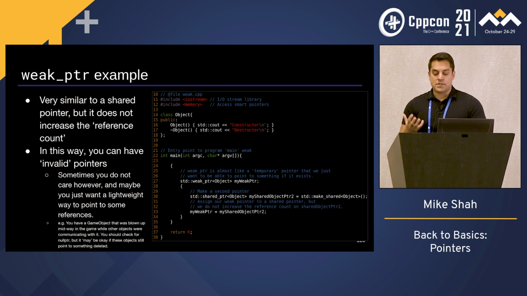A use case, since I come from the games and graphics world, is maybe you have a game and some object gets destroyed in the middle of the game, but you don't care if other players are still looking at that object. You want to be able to handle that and just check if it's null or in use or not, and that could be okay. Okay, so this weak pointer here is just a temporary pointer that you want to point to something, and it's okay if it doesn't exist.